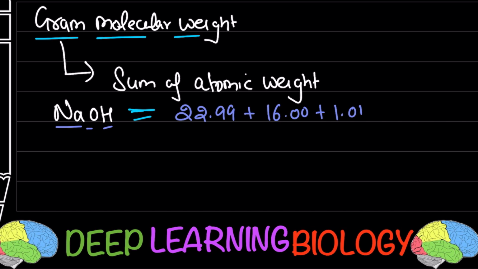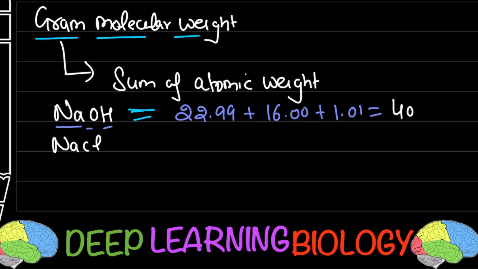If you add these, it will come out 40. So gram molecular weight of sodium hydroxide is 40.